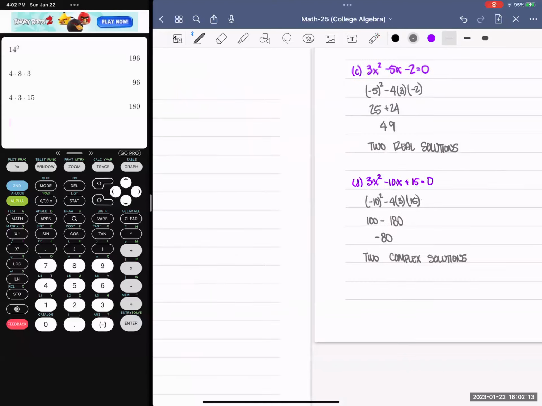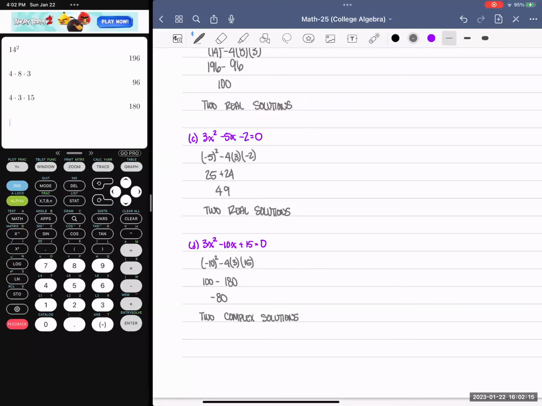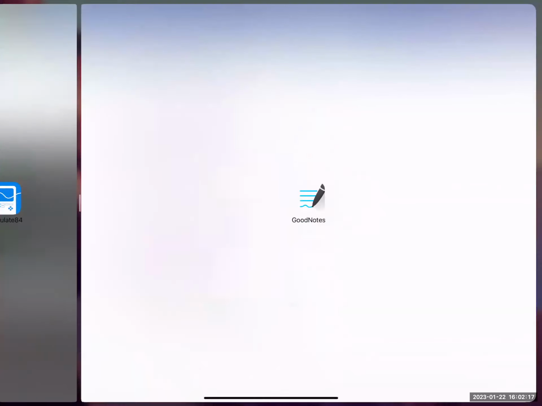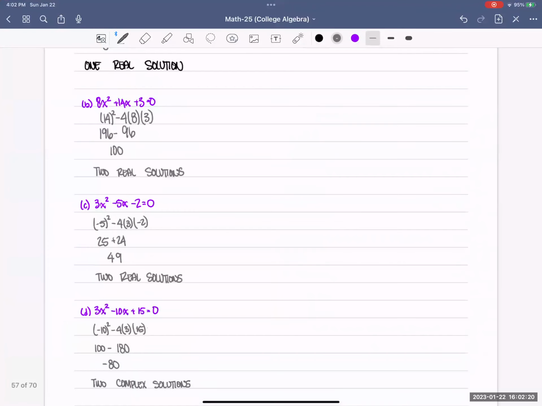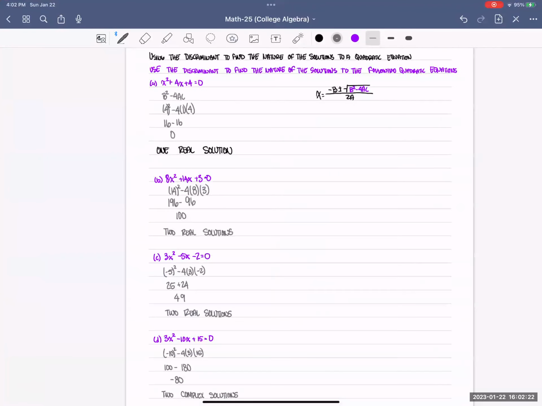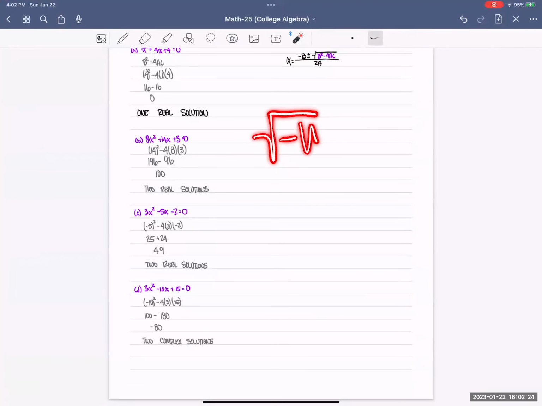Again, a little bit of a recap. When we take the square root of a negative number, we end up with complex solutions, complex as in not real. It's kind of like its own group of numbers, complex numbers.